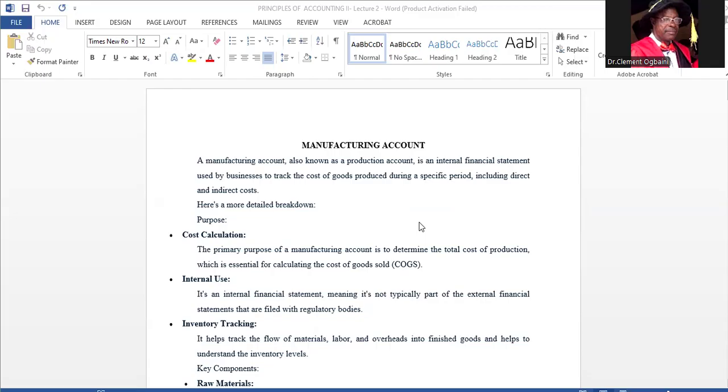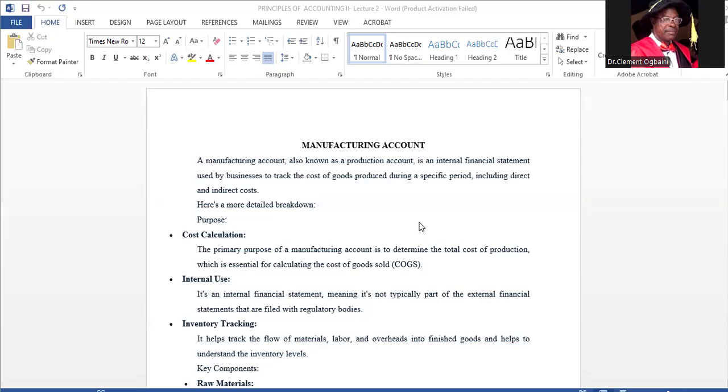Manufacturing account helps us to determine the cost of goods produced, and also the total production cost per unit, and it helps us to set a price.